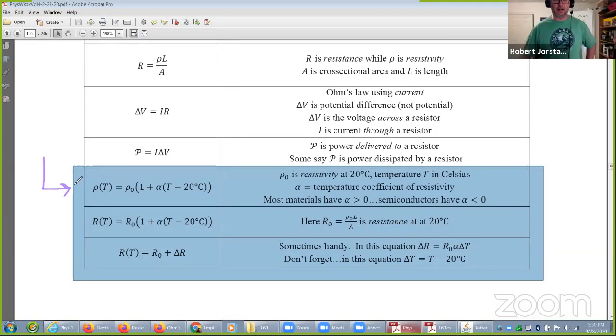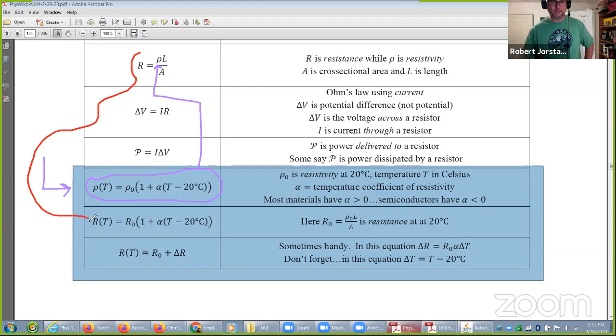In turn, if you just take this equation and stick it in right there, you get the other equation. So these two equations are essentially the same thing. It's just resistivity is affected by temperature.